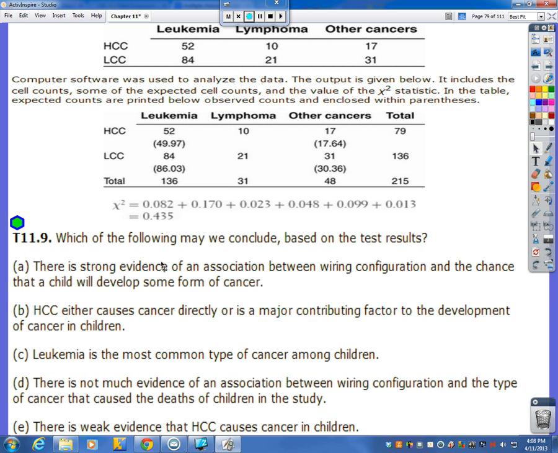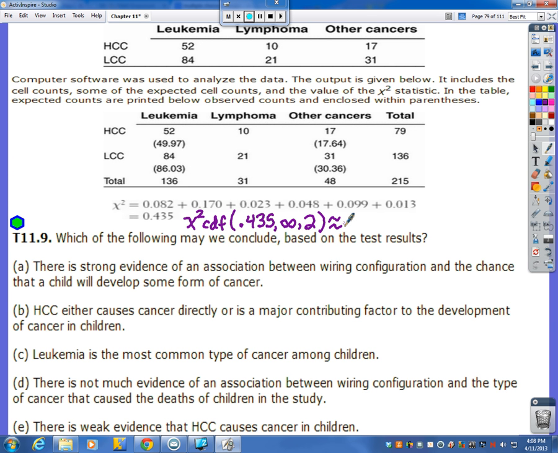Number 9, which of the following may we conclude based on the test results? Okay, now they did give us a chi-square here, but they didn't give us a p-value associated with it. So if we real quick did chi-square CDF, 0.435 to infinity with, and earlier we said 2 degrees of freedom, let's see what kind of p-value we get from that.